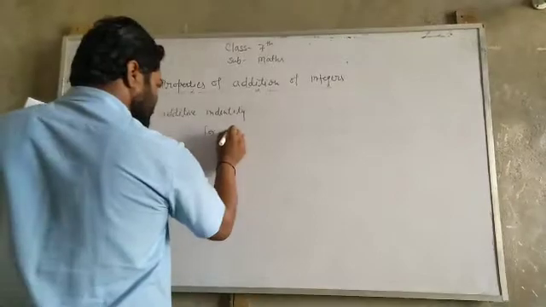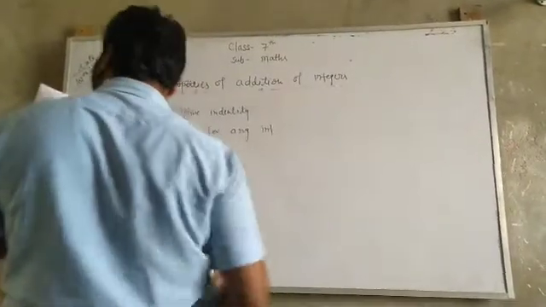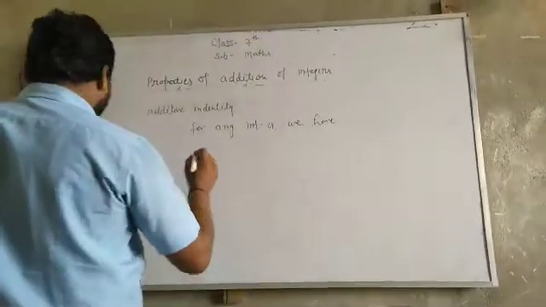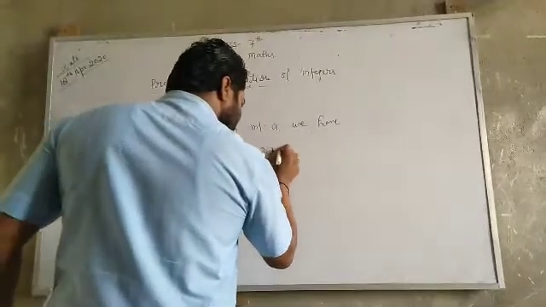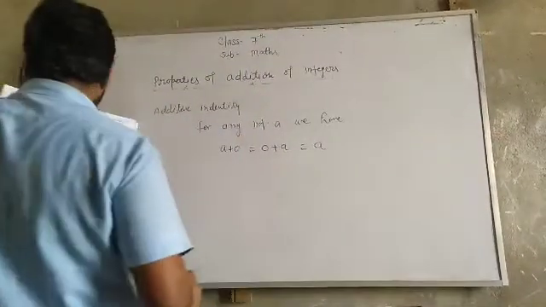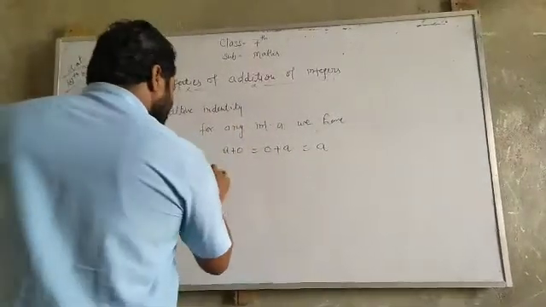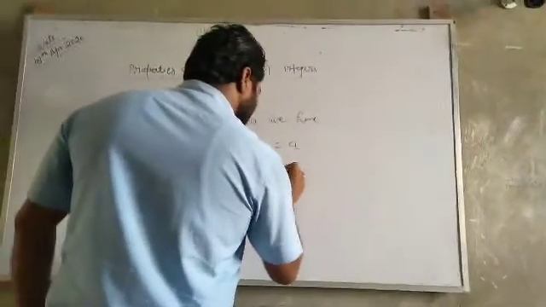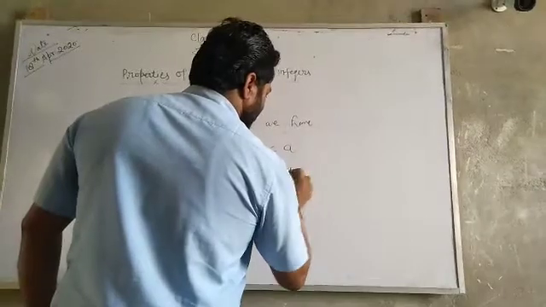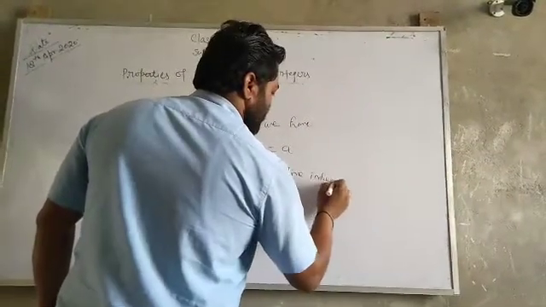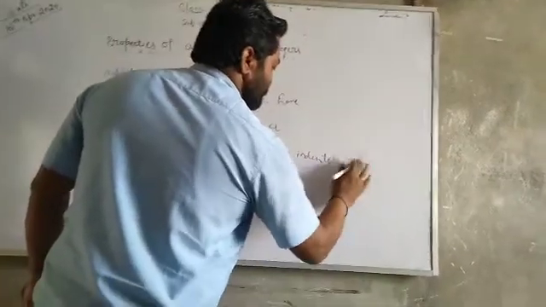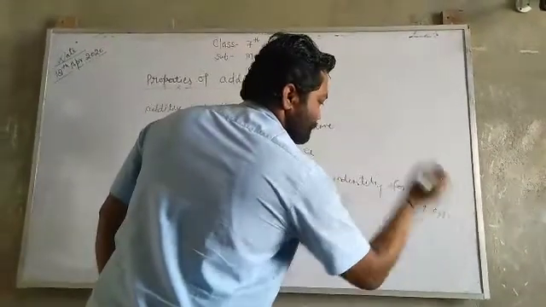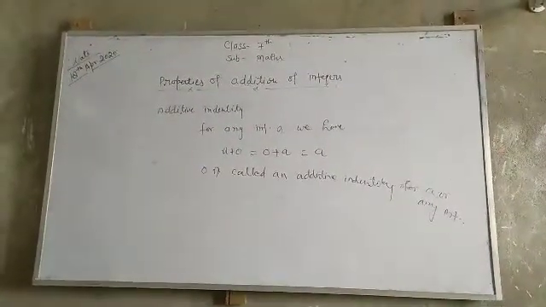For any integer A, we have A plus 0 equals 0 plus A, which is equal to A. So 0 is called the additive identity for A or any integer. That's all.